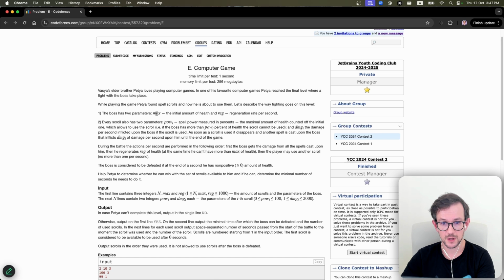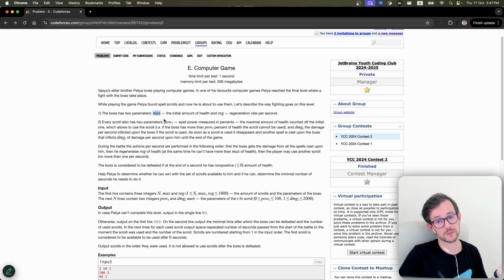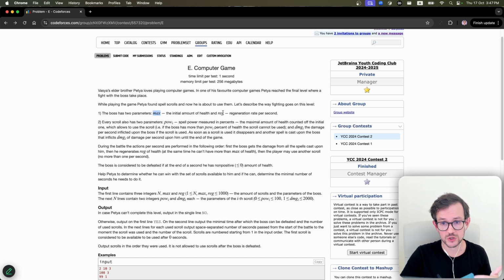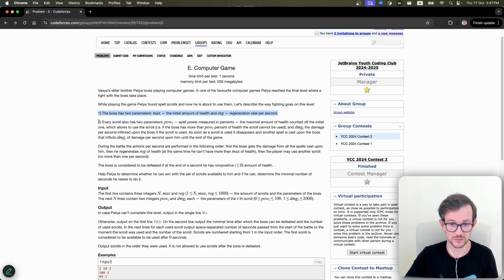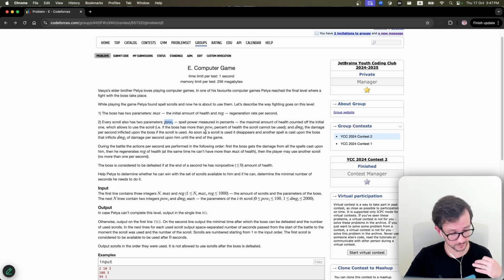I have a boss fight. So the boss has some health and some regeneration. And I have some spells I can produce. So every spell has some parameter. It says when I can apply this spell.